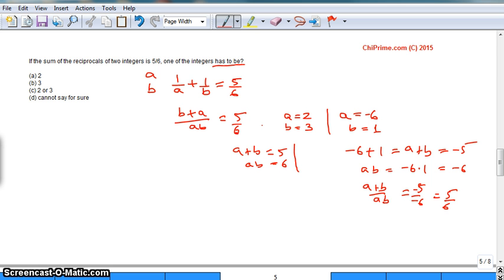So in other words, this early conclusion that someone might draw that a plus b equal to 5 and ab equal to 6 from this initial equation is misleading.